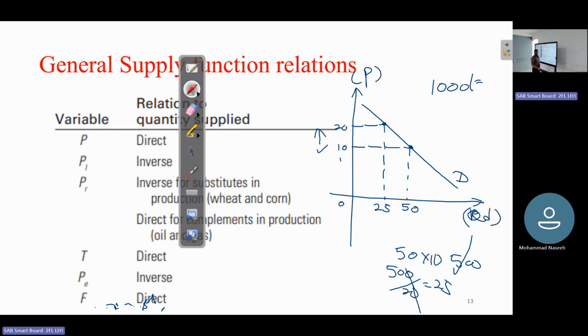Now, carefully see and tell me what will happen to the price. Increasing, decreasing, not changing? Price is not changing.